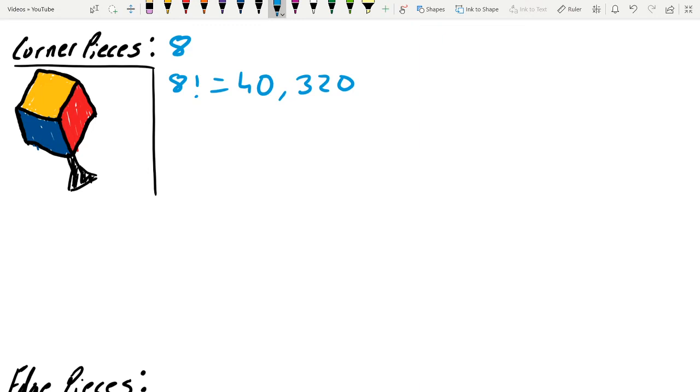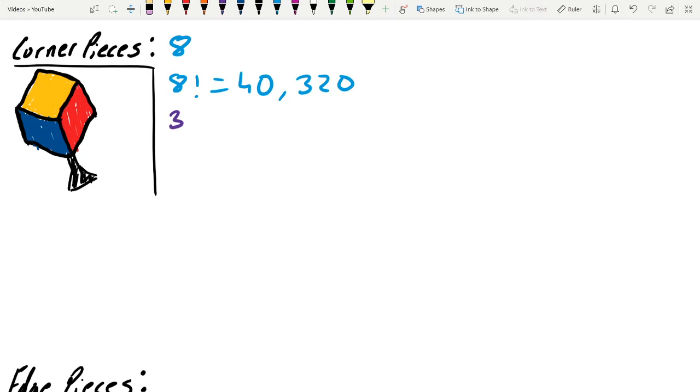Now that's the number of ways, like the different positions that the corner pieces could be in, but not the different ways they can be twisted or oriented. So since there's 3 colours, that just simply means that there's 3 ways for it to be oriented. Now you may think that it's 3 factorial, but it's not 3 factorial, it's just 3.